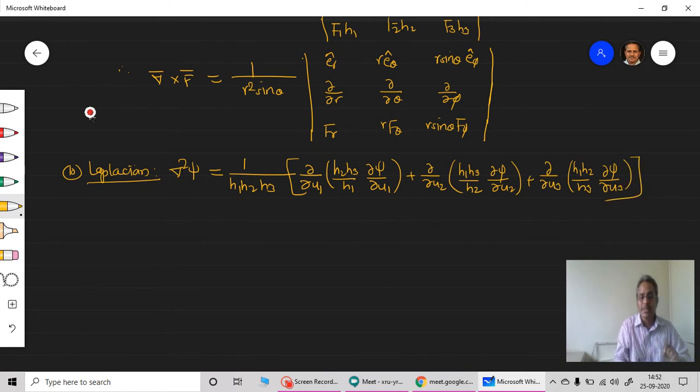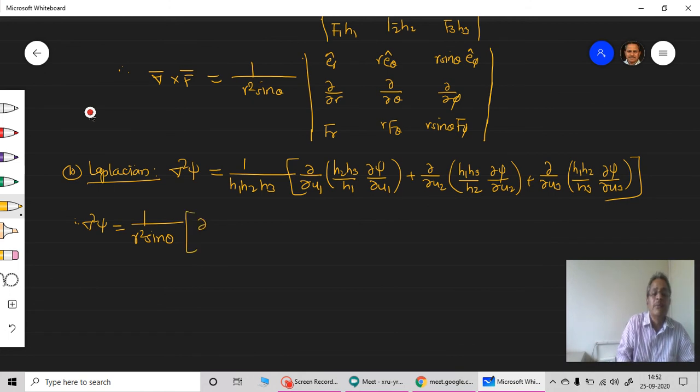Now replace u1 u2 u3 by r, theta and phi. h1 h2 h3 are respectively 1, r and r sin theta, and psi is as it is, so psi remains the same. So doing this, I'll get del square psi is equal to 1 upon r square sin theta, 1 into r sin theta is r square sin theta.